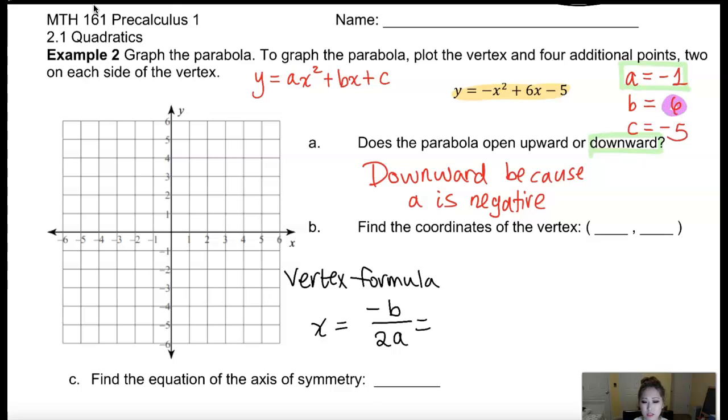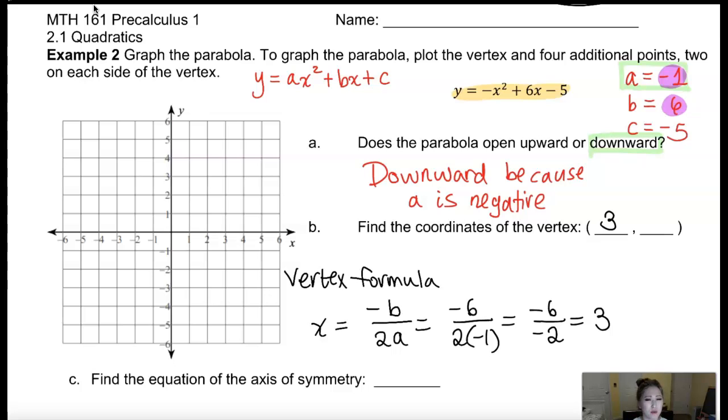That will be -6 divided by 2 times a, which is -1. Let's simplify: -6 divided by -2 is +3. So the x coordinate is 3.